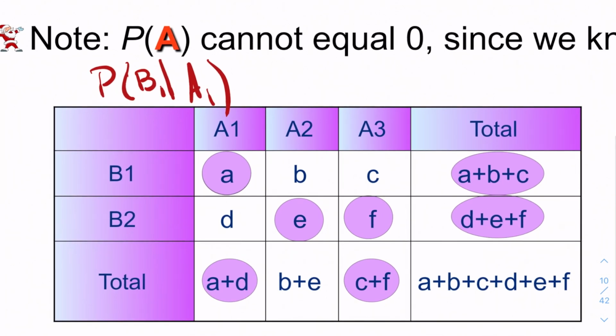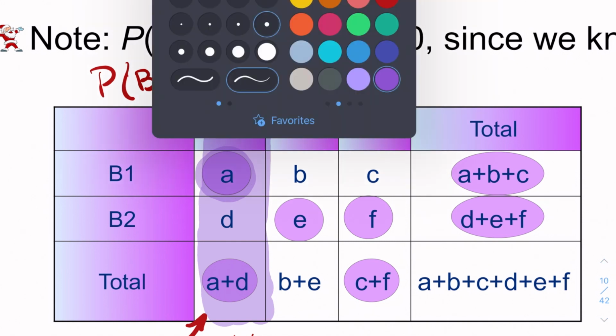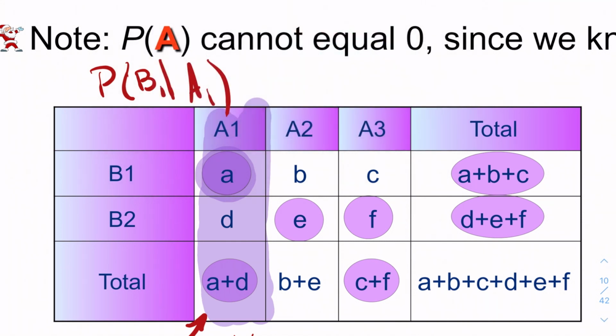Well, if A1 occurred, that means all of these are valid. So we're using this row, this column subtotal as our new sample space. And then we're looking at the overlap between those two, which is A.